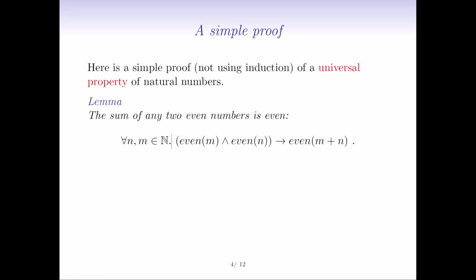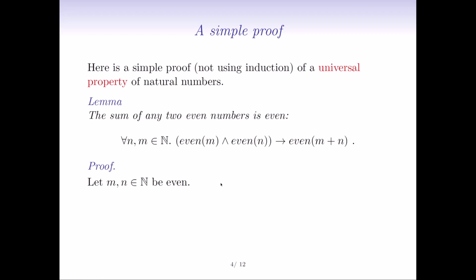They must range over the domain. Or you can think of it as saying somehow we have another predicate standing for the property of being a natural number, and this is really abbreviating for all n, for all m, if n and m are both natural numbers, then the following thing holds. Anyway, the point is that this means exactly what you think it does. It says whenever n and m are natural numbers, m and n are both even, then their sum is even as well.